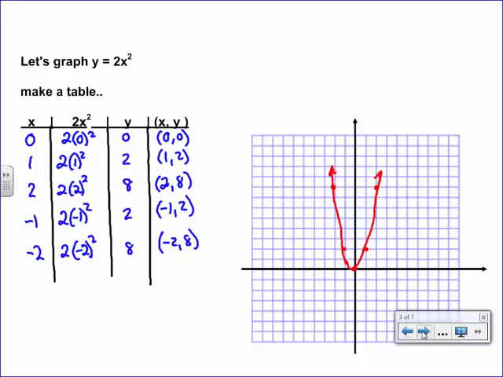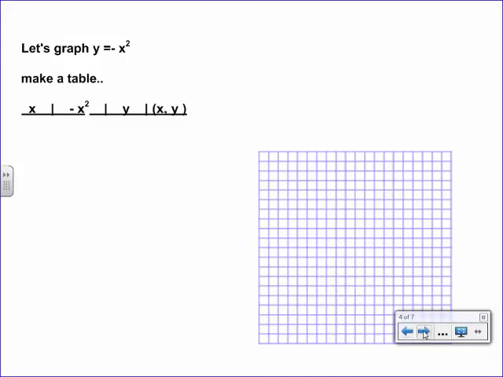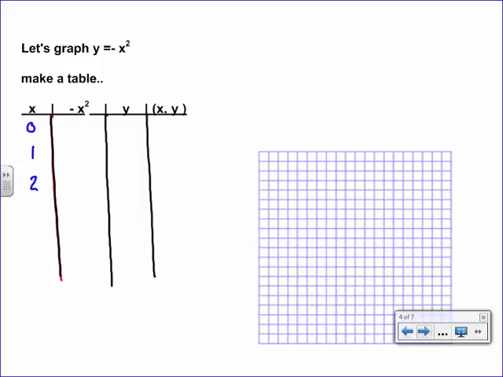All right, let's try another one. Let's see what happens when we have a negative in front of the x squared term. Again, we'll use the same values, 0, 1, 2, -1, -2.